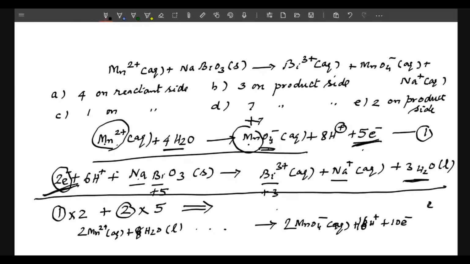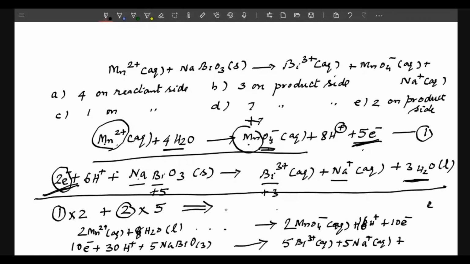Now you have to add the second reaction multiplied by 5: 10 electrons plus 5 times the 6H plus, giving 30H plus, plus 5 NaBiO3 solid, giving 5 Bi3 plus aqueous plus 5 Na plus aqueous plus 15 H2O liquid.